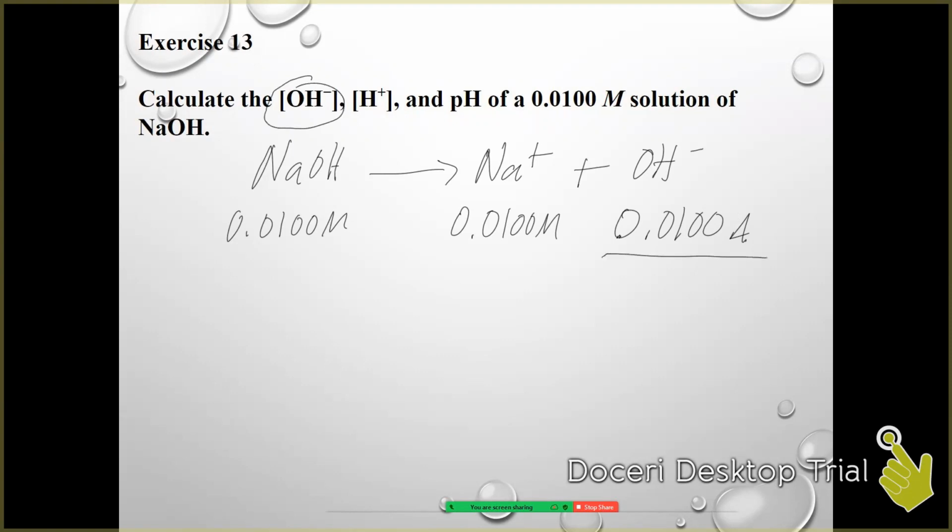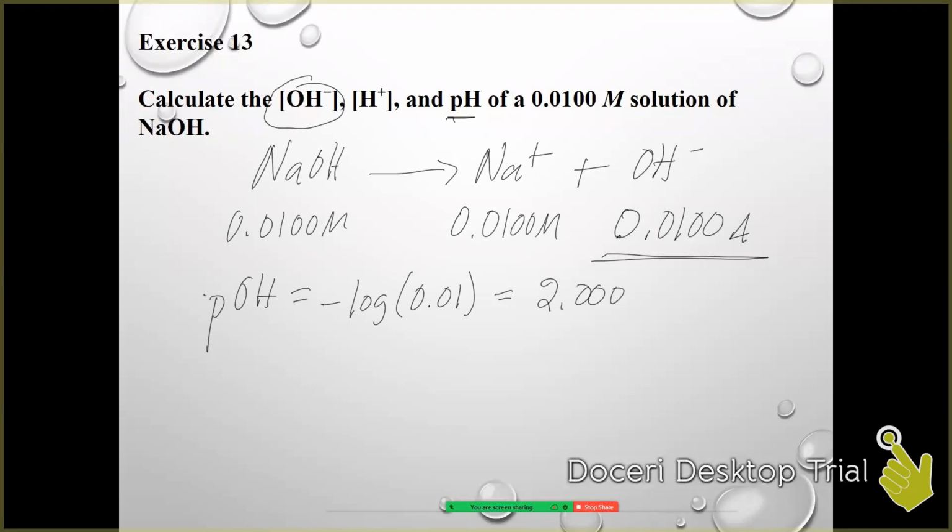Remember, this is hydroxide, so if I take the negative log of that, that's not going to give me my pH. That's going to give me my pOH. We did this in Chem 1 too. If you have a base, you're going to have to get your pOH first and then subtract from 14. So pOH is equal to the negative log of my hydroxide concentration, and that is 2.000.